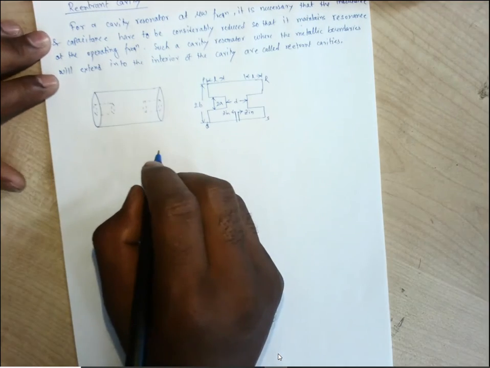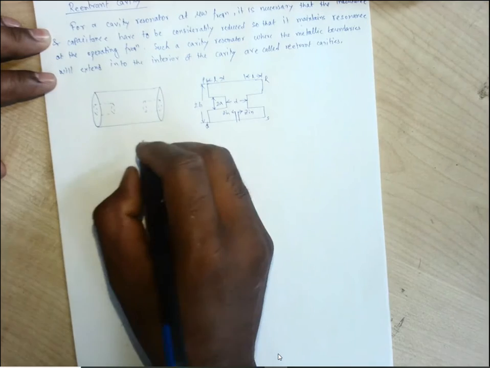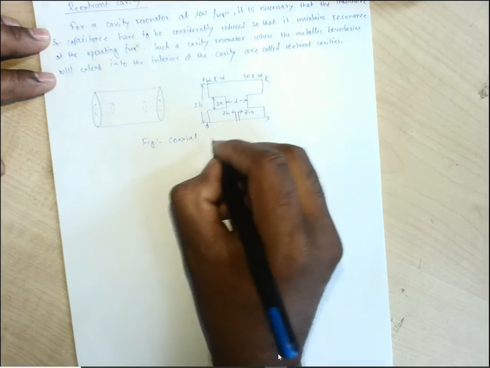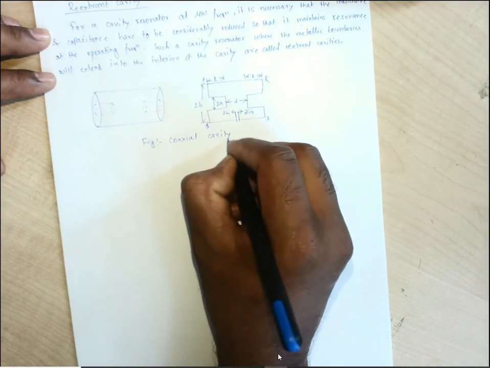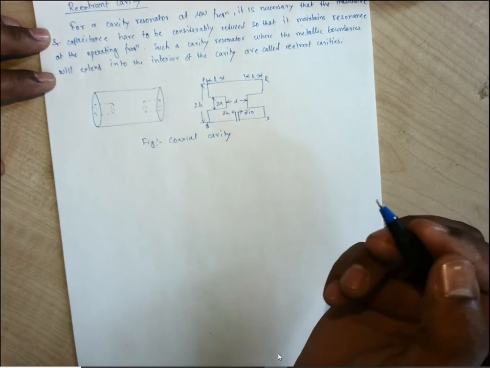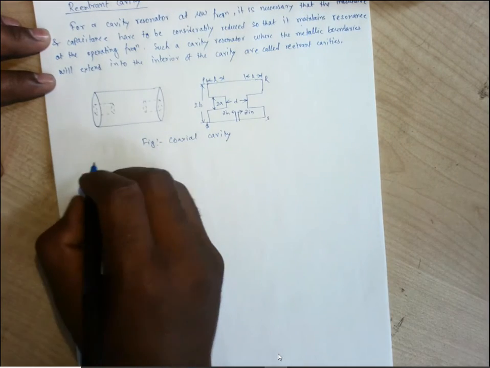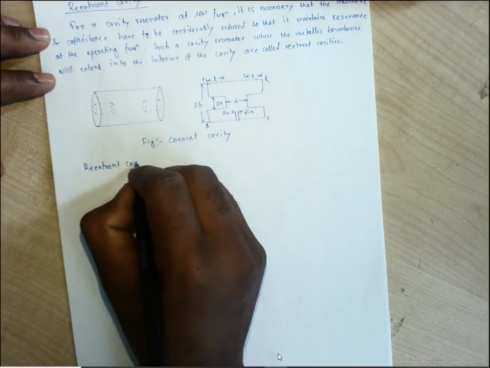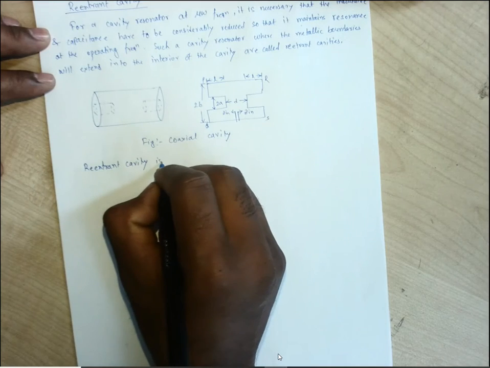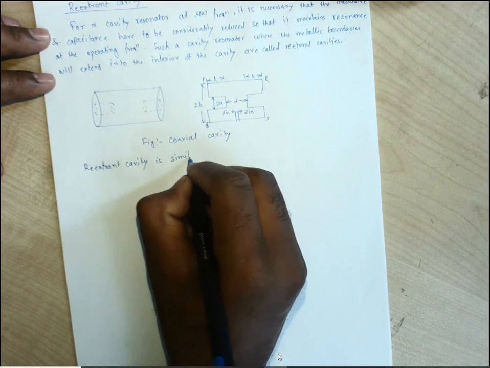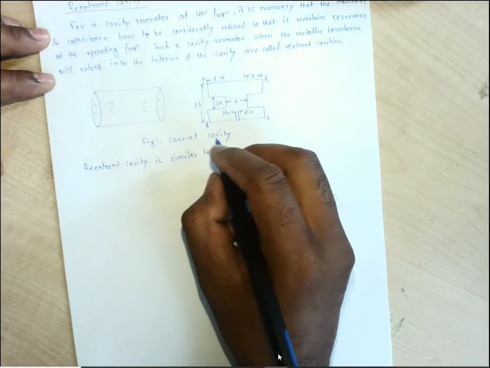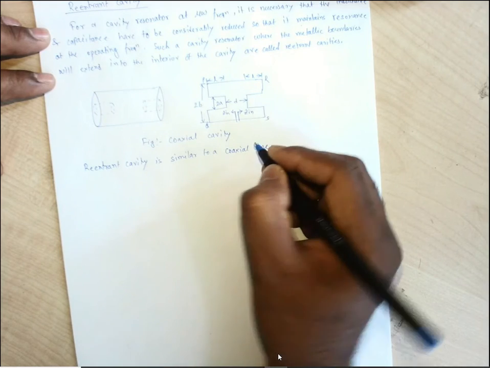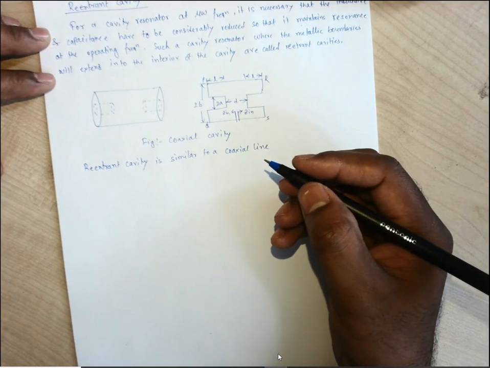So what is that cavity? It is known as coaxial cavity. It is an example of re-entrant cavity. So re-entrant cavity is similar to a coaxial line shorted at two ends.